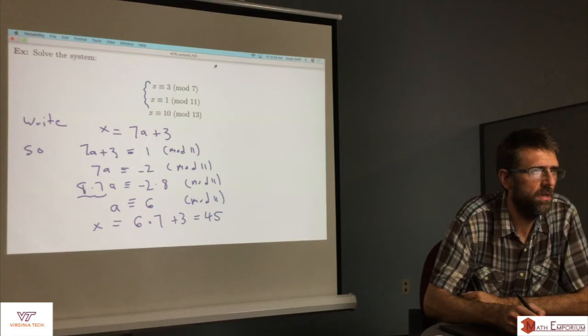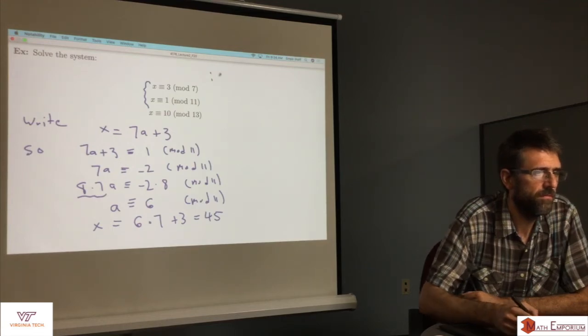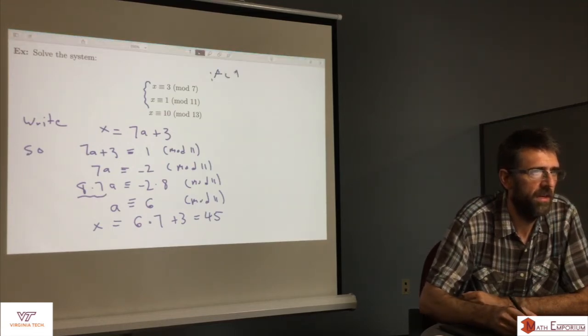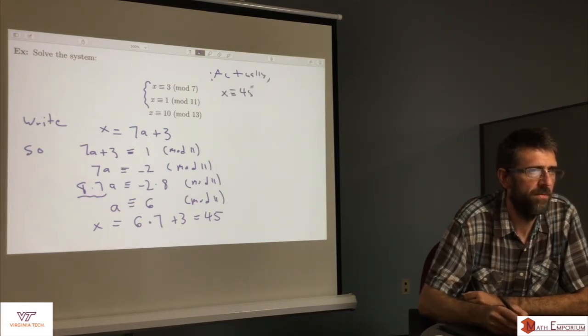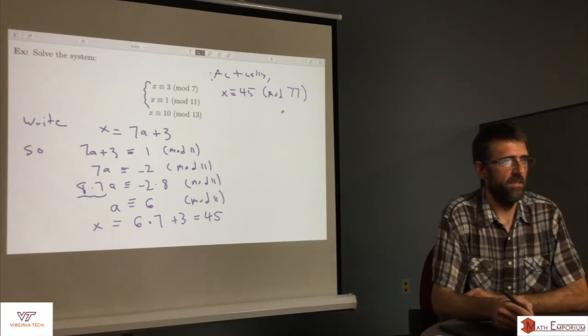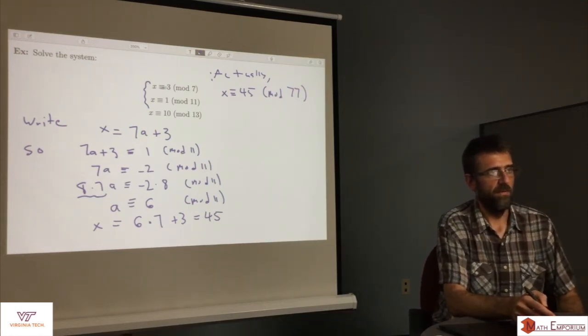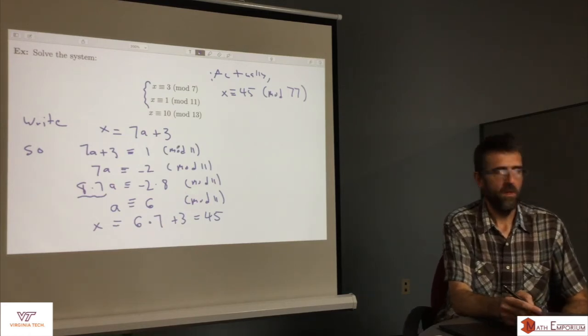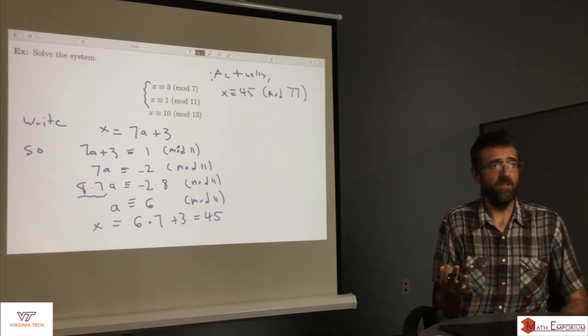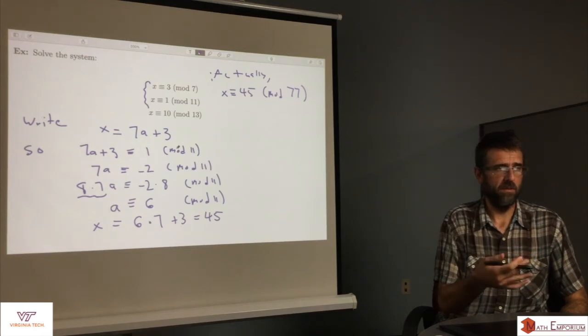So actually, x being congruent to 45 mod 77 is the correct way to express the general solution of those top two congruences. Now that I have that, I can just repeat the process that we just did.